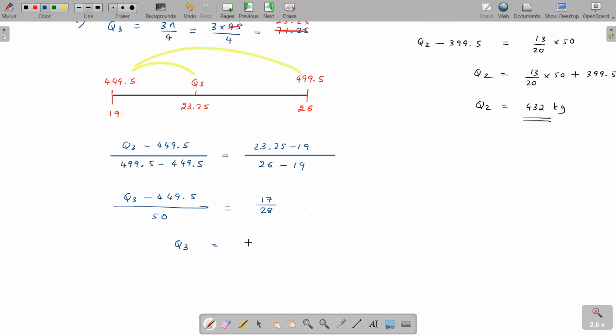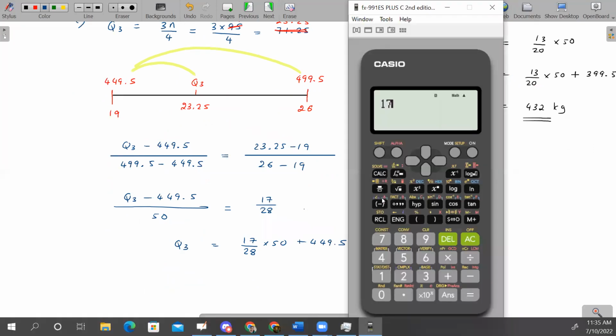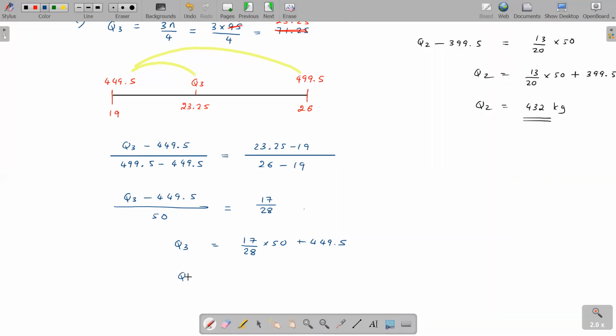Q3 equals, shall I do it immediately now? 17 over 28, the 50 goes as a multiplication and the 449.5 goes as addition. I get 17 over 28 times 50 plus 449.5. The answer I get is 479.857, which rounded to the nearest kilogram is 480 kilograms. So the answer is 480 kilograms.